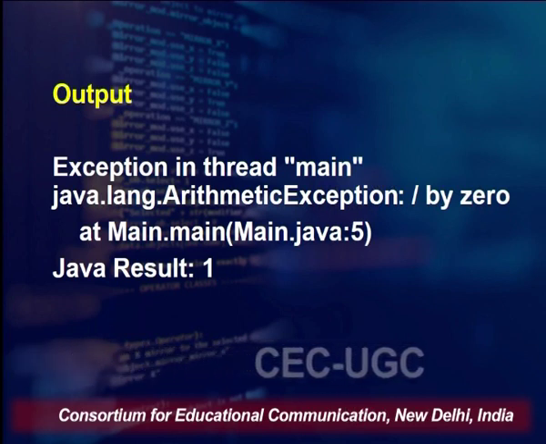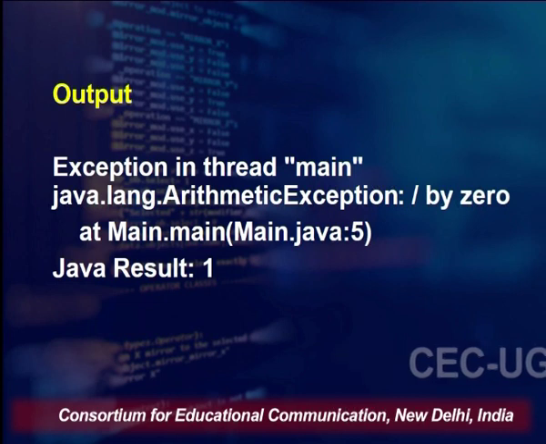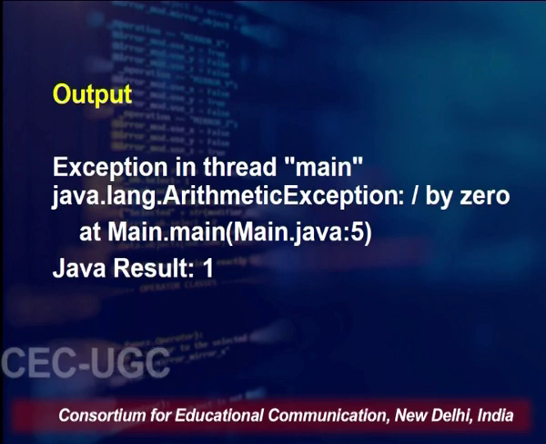So, what does this whole explanation mean? First of all, it says the exception is being thrown by the method main. Why this is written as thread main, please hold that question. I will answer it when we go through the topic of threading.